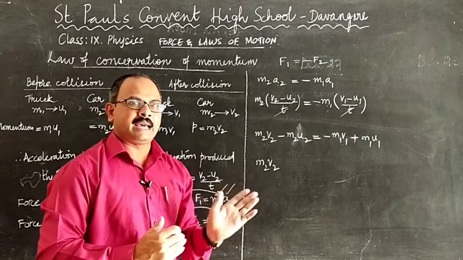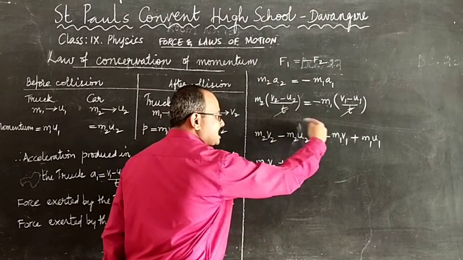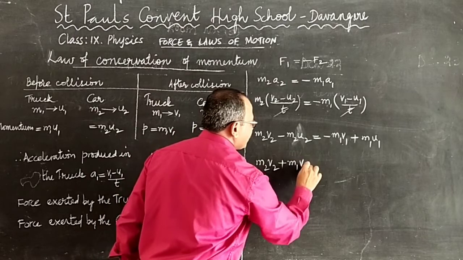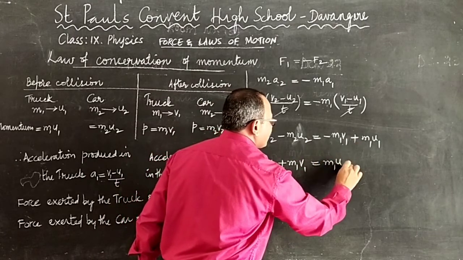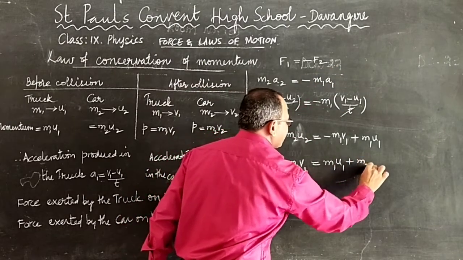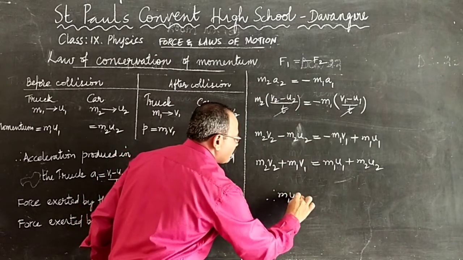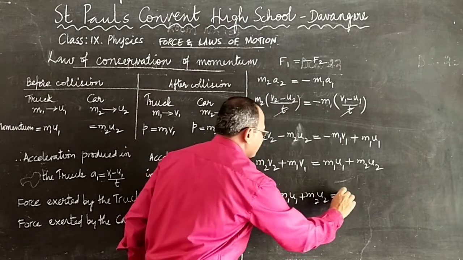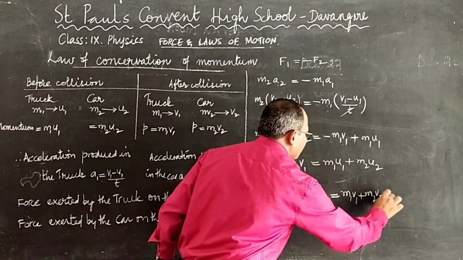When transposition takes place, minus becomes plus. m1 v1 will be equal to, this is m1 u1. This goes to that side by transposing, therefore plus m2 u2. The final one: m1 u1 plus m2 u2 will always be equal to m1 v1 plus m2 v2.